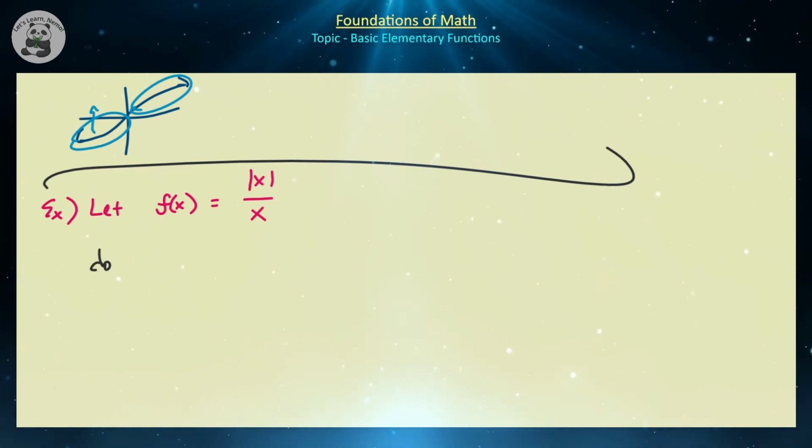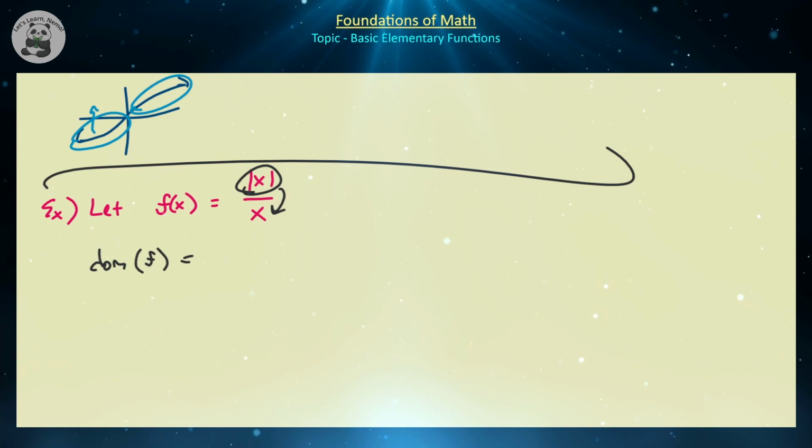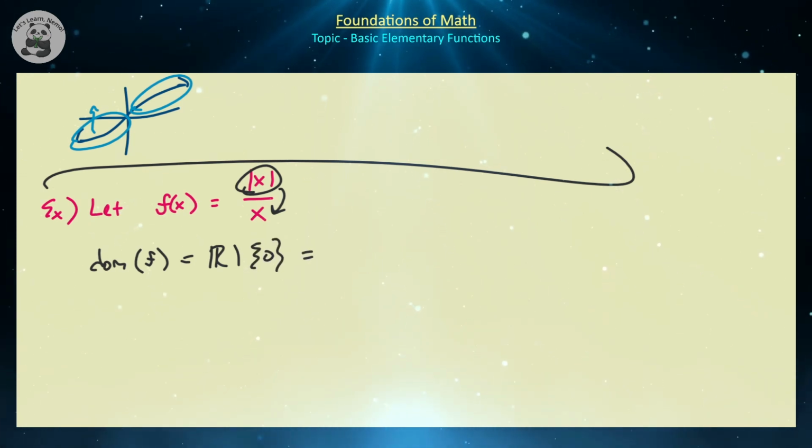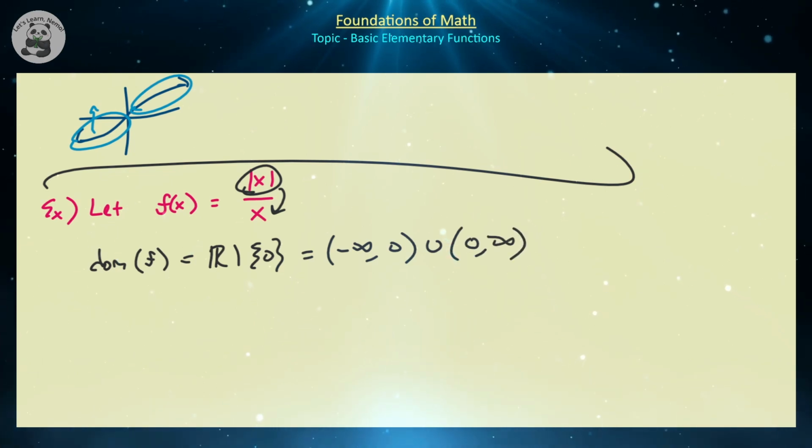So the domain of this function obviously is going to be the set of all real numbers because we can take the absolute value of all of them, but we cannot divide by 0. So it's all real numbers except for 0. Or in interval notation, minus infinity to 0, union 0 to infinity.